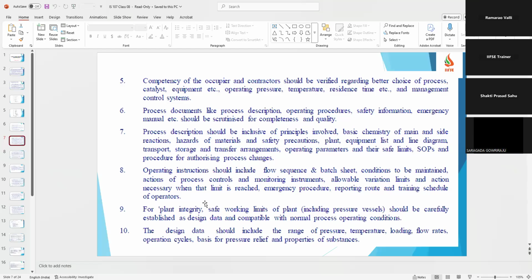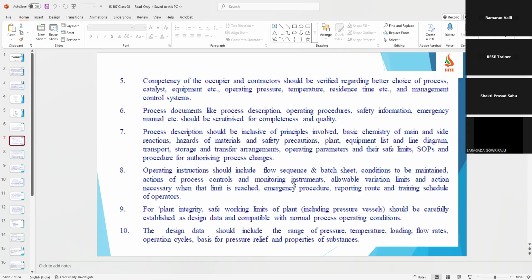So these are operating instructions. If I take an example of any specific equipment, definitely you will have certain limitations while operating that machine, and also the sequence of operation. So here we are talking about a chemical process. That's why we could see the batch sheet, like batch reaction, etc., where they will write the complete process or the activity of that specific batch or that reaction.